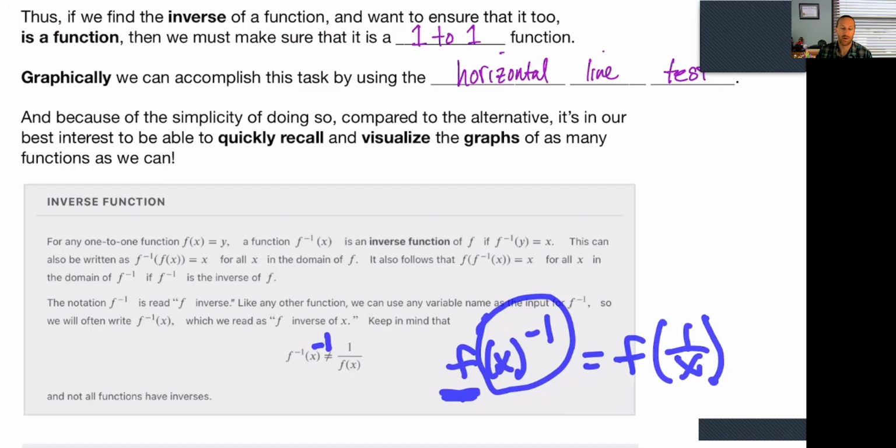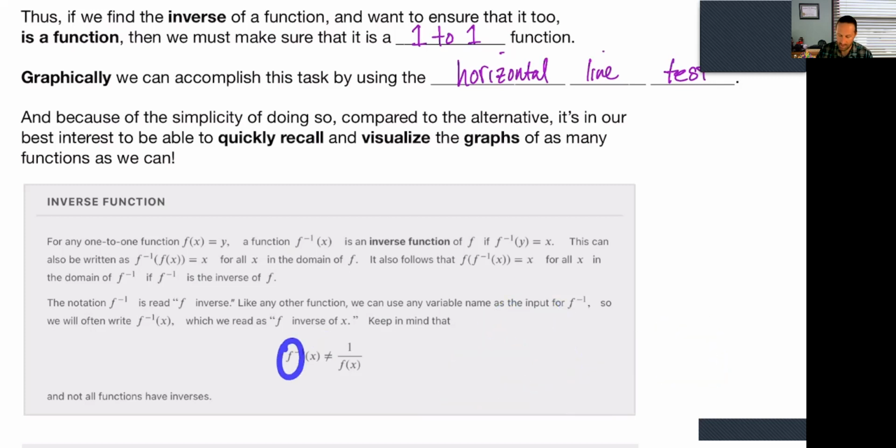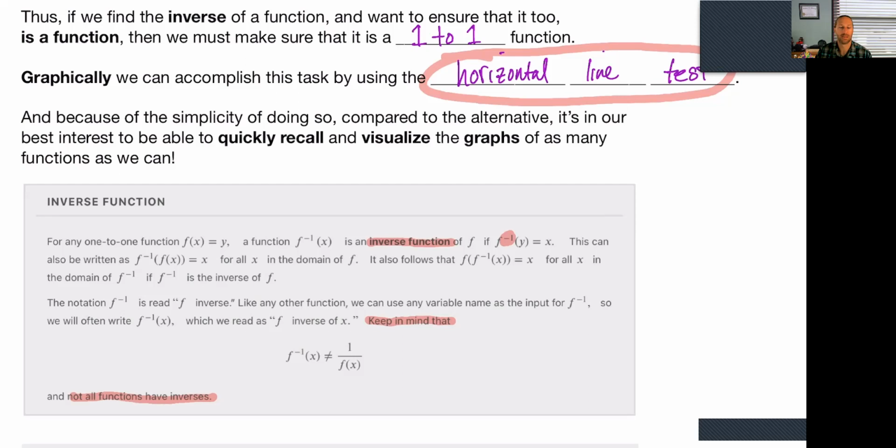Okay, so if you ever see that little -1 power, remember, if it's to a function, it's represented the inverse of it. But if it ever is a negative exponent to a variable or an actual number, then you're going to have to do the reciprocal like we talked about. All right, and I do want you to keep in mind that not all functions have inverses. Those are the ones that fail that horizontal line test.